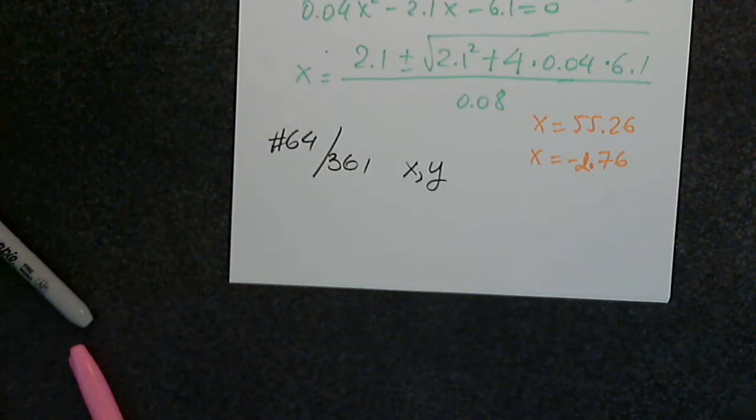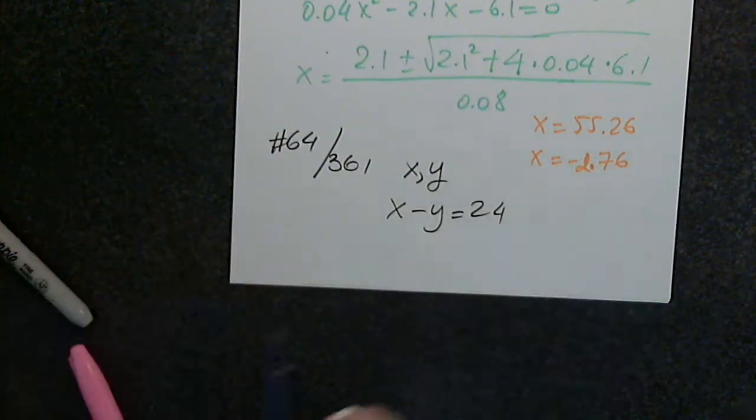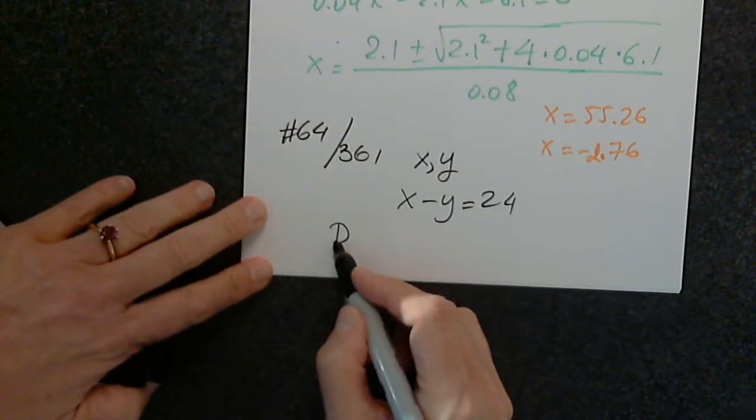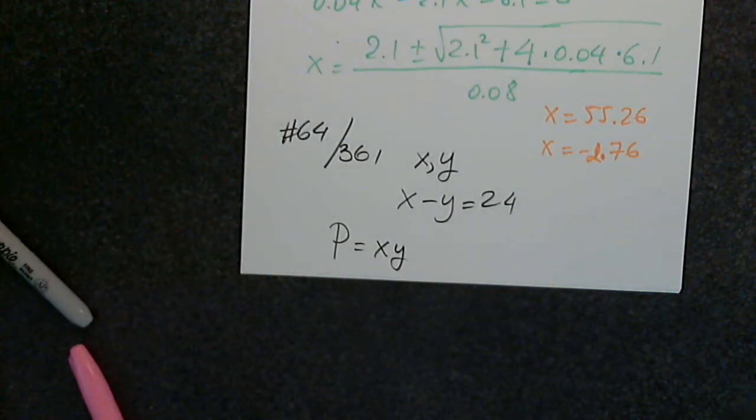The difference is 24. Great job. Find a pair whose product, can anyone give us the product of these two? Very good, awesome. So find a pair whose product is as small as possible. And what is the minimum product?